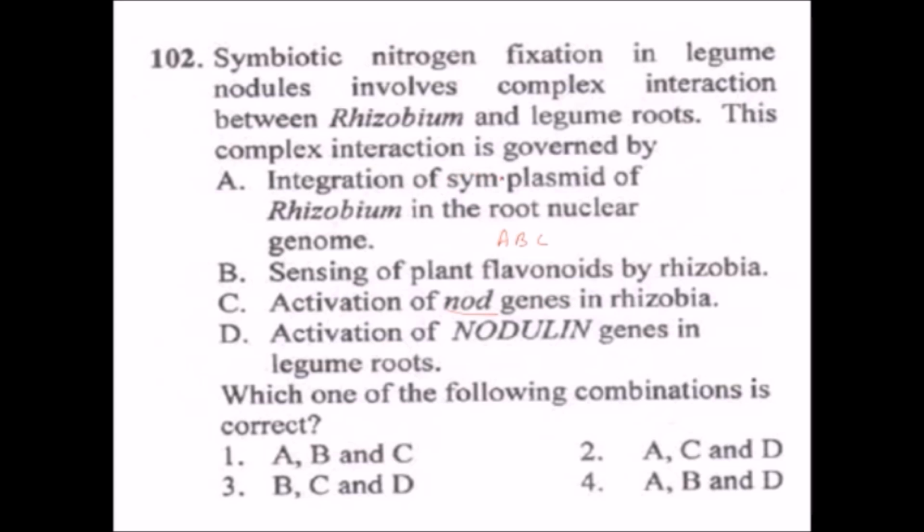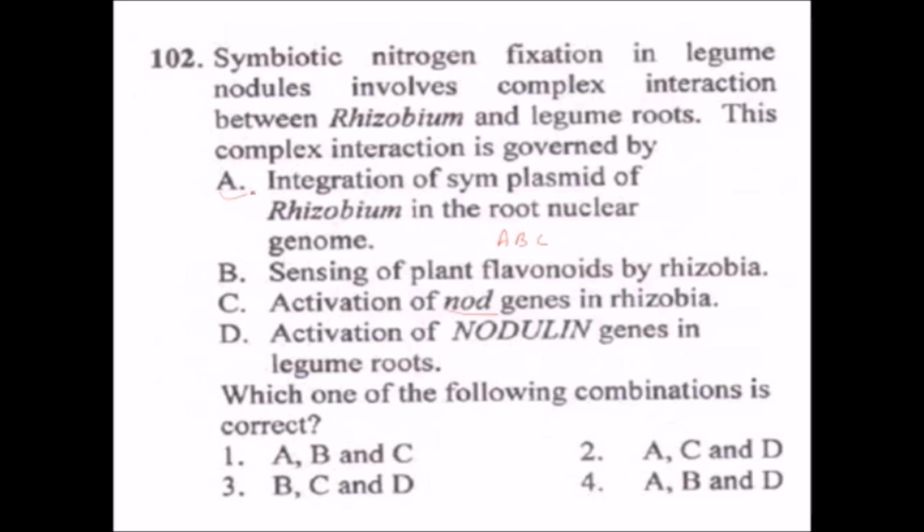Another is that there is an integration of the plasmid of rhizobium into the root nucleus genome. After the integration of the genome of rhizobium into the root nucleus genome, it also accelerates the synthesis of nitrogenase.